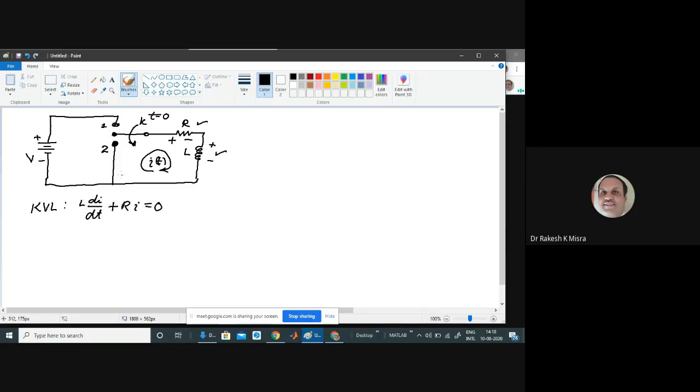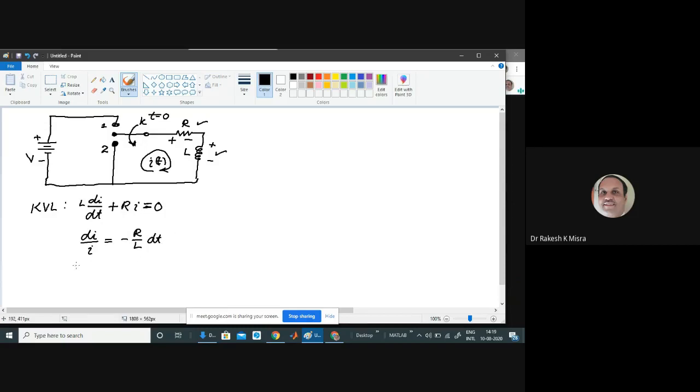And as there is no source here, only these two drops are there. So the sum of voltage drops will be equal to 0. And this can further be written as, after simplifying, di by i is equal to minus R by L dt.